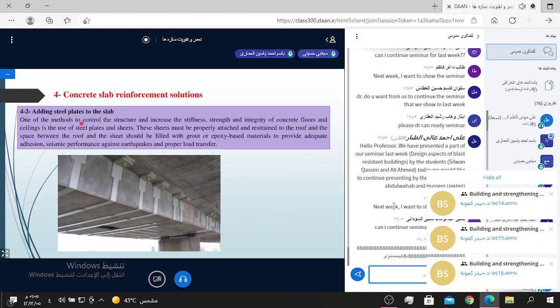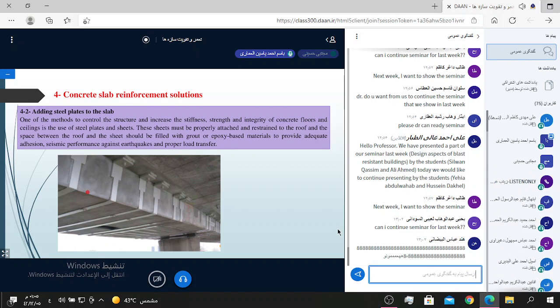Adding a steel blade to the slab, like in this picture. One method to control the structure and increase the stiffness, strength and integrity of the concrete floors and ceiling is the use of steel blades and sheets.